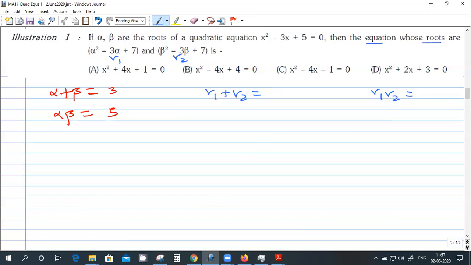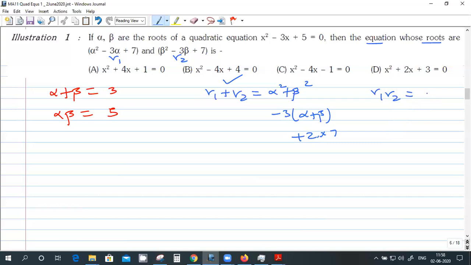Alpha square plus beta square minus 3 times alpha plus beta plus 2 times 7. Right? Alpha square plus beta square I write as alpha plus beta whole square minus 2 alpha beta. Okay, so R1 plus R2 is known then. Just see the method. Is it clear? R1 plus R2 is known. This is alpha square.